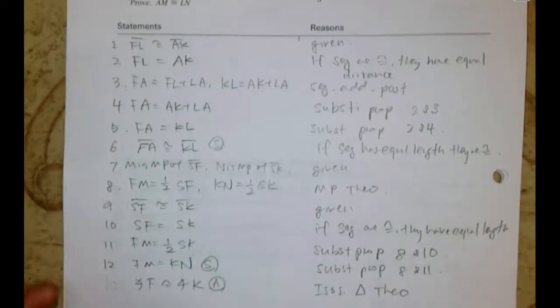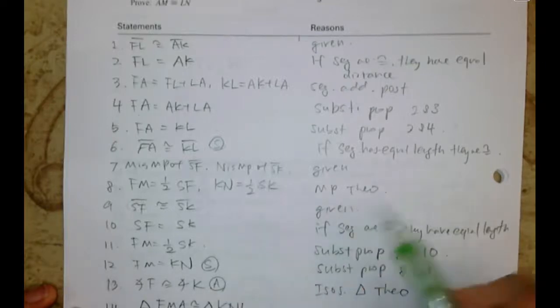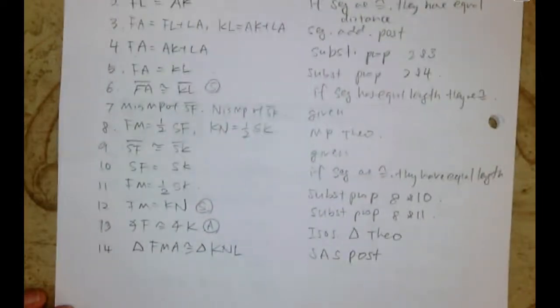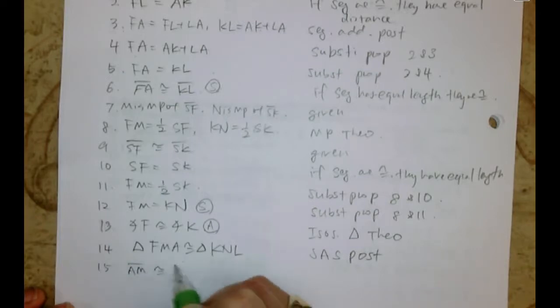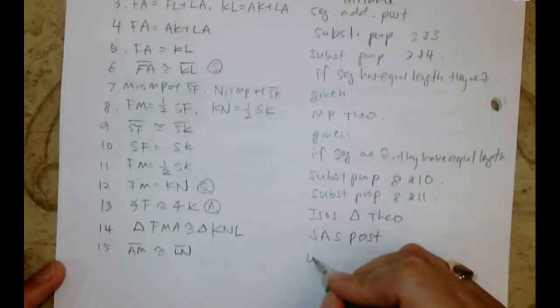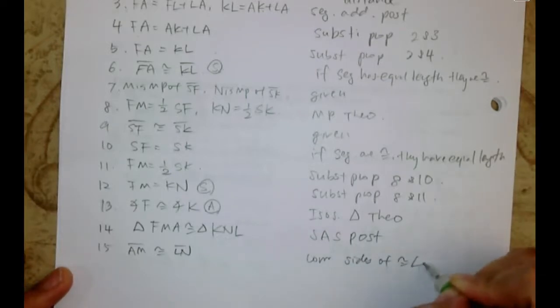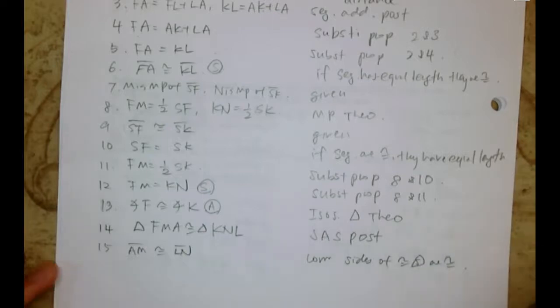Not 10, 13. 13, it's getting long. 14, triangle FMA is congruent to triangle KNL, and that was side angle side. And then finally I can say that AM is congruent to LN by corresponding sides of congruent triangles are congruent. Phew, we're done.